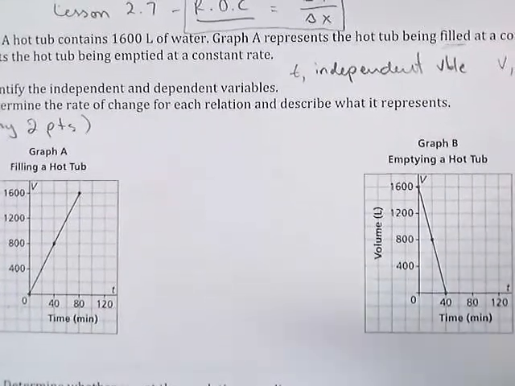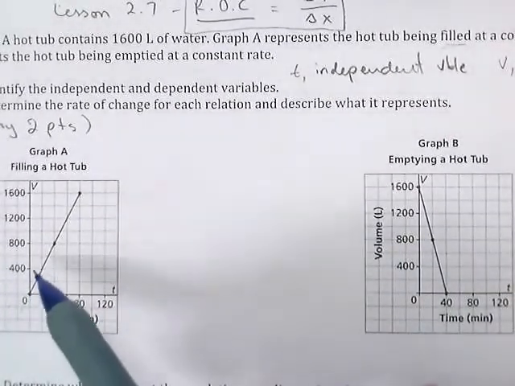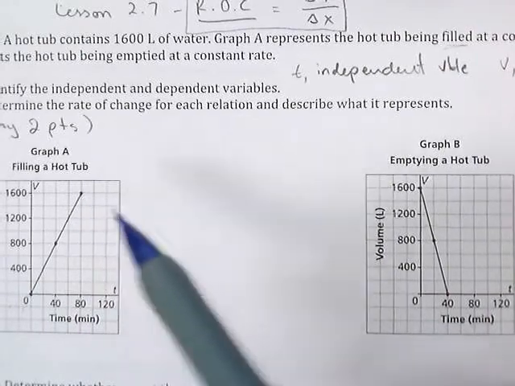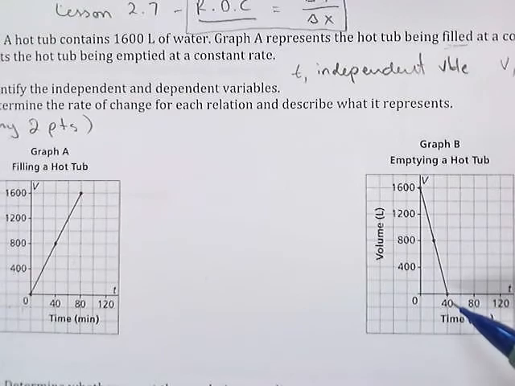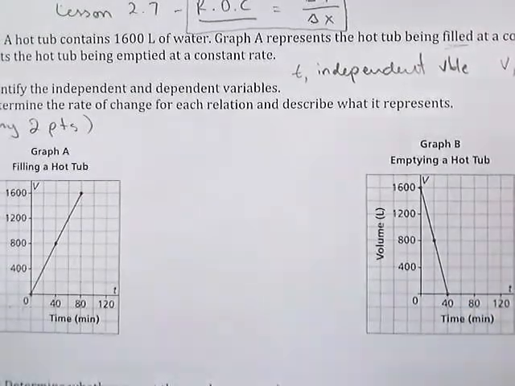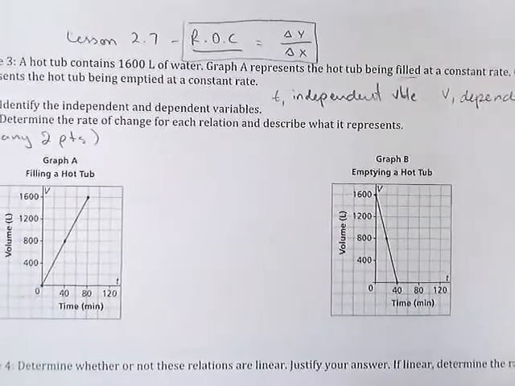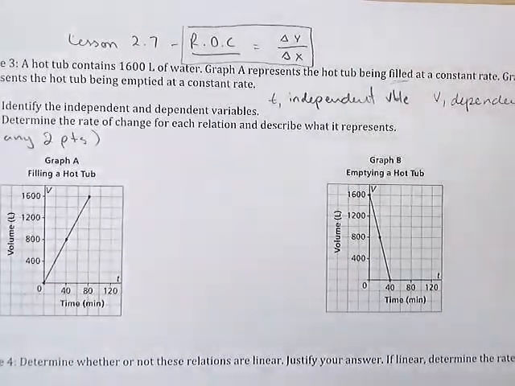So what do we notice about the two graphs? Well, from left to right, this one is increasing. From left to right, if you read this graph, you are decreasing. So that's something that I need you to understand. When you read a graph from left to right, just like you read a book, just like we read anything, right?